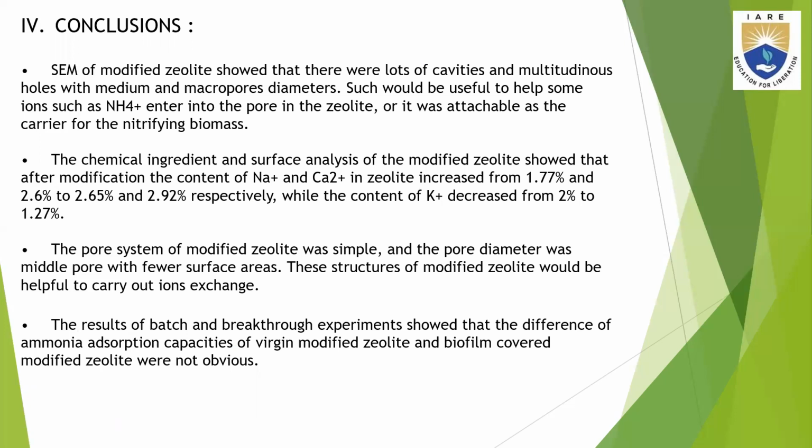The chemical composition and surface analysis of modified zeolite showed that after modification, the content of Na+ and Ca2+ in zeolite increased from 1.77% and 2.6% to 2.65% and 2.92% respectively, while the content of K+ decreased from 2% to 1.2527%. The pore system of modified zeolite was simple, and the pore diameter was middle pore with fewer surface areas. This structure of modified zeolite would be helpful to carry out ion exchange.